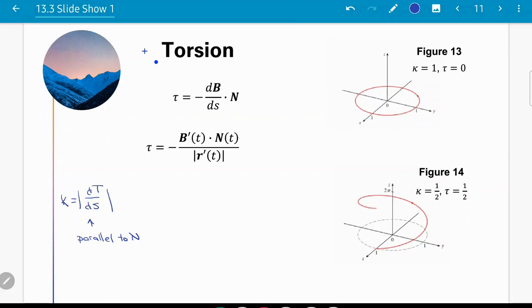Since our binormal vector is normal to the osculating plane, dB/ds gives information on how the osculating plane changes as the point moves along the curve.